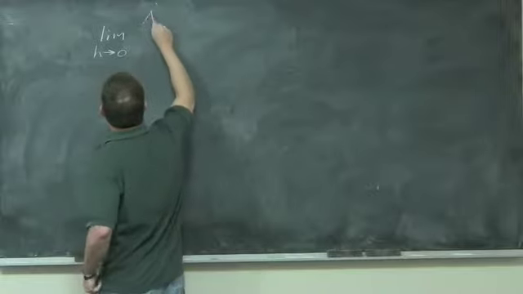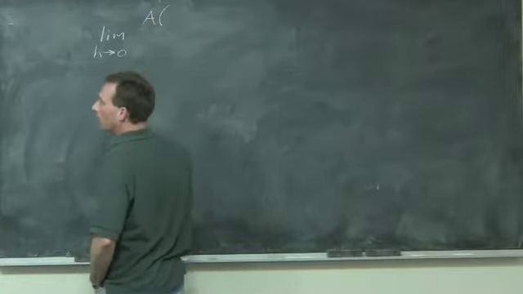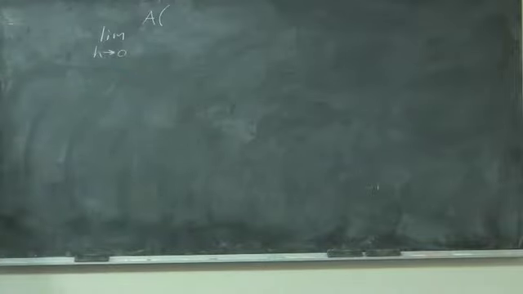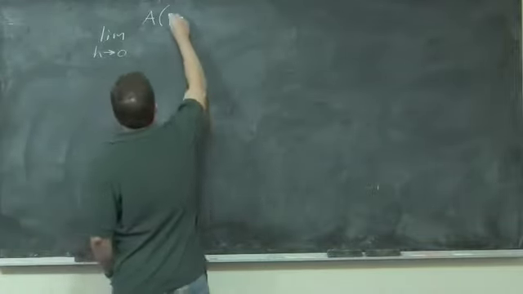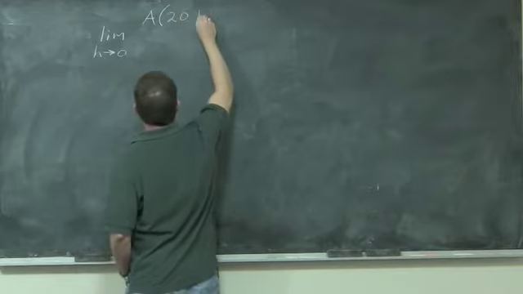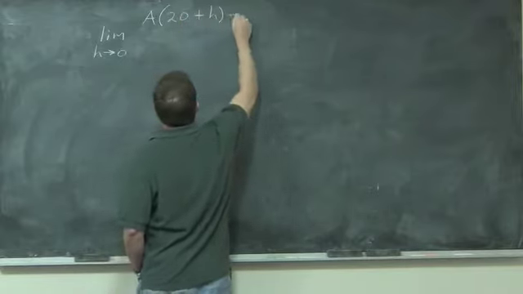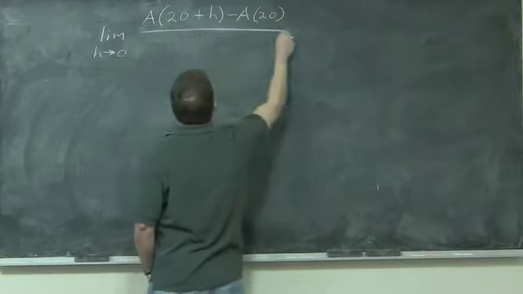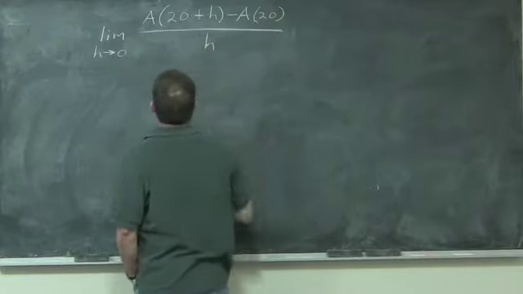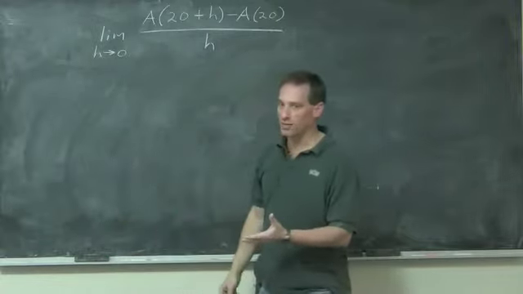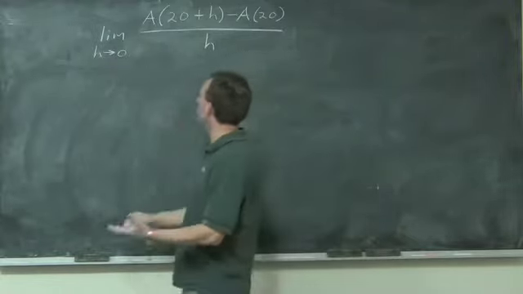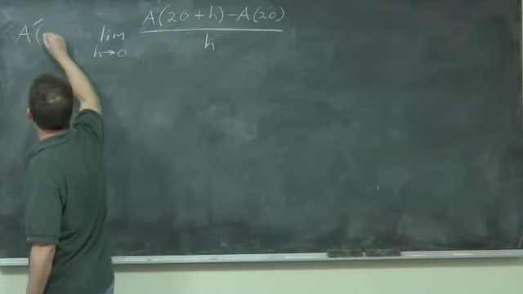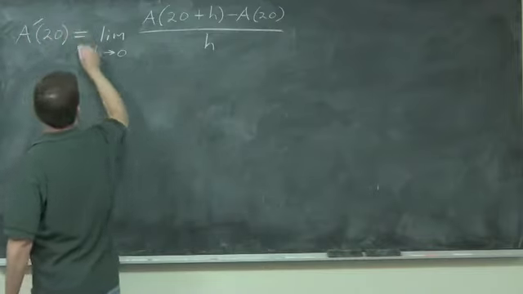We would take A of the d value we want, 20 inches, so you put A of your d value plus h, minus A at your d value, and divide by h. And you take the limit of this as h approaches 0. Our notation for this, if you want to get used to the derivative notation, A prime of 20 equals this.